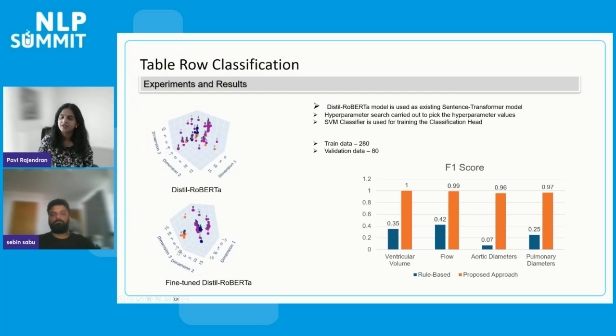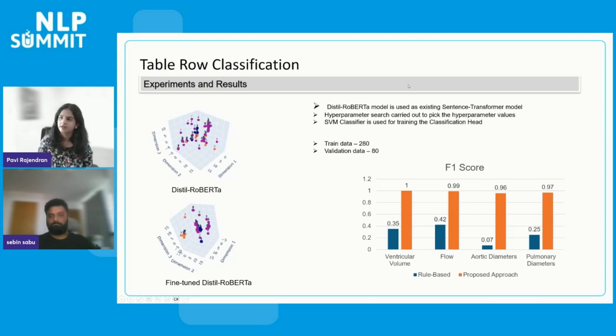As you can see, once fine-tuned, in the sentence representations the examples related to non-relevant or incorrect information are separated from the header rows and the value rows. This helps in providing good performance. Once the classifier was trained, we validated it using the F1 score.